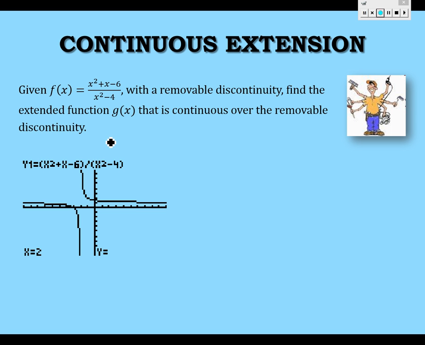That's not helpful. But I can ask what's the limit as x goes to 2 of this thing. And you've already worked it out, I'm sure. What is that? x plus 3 minus 2.